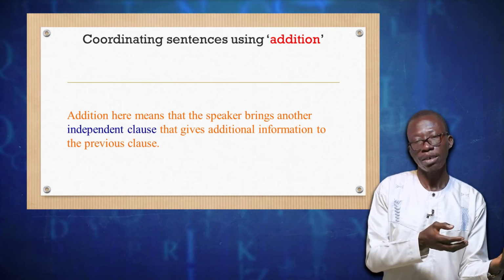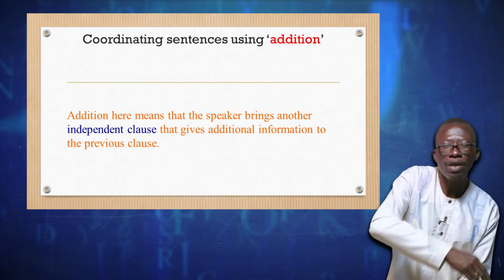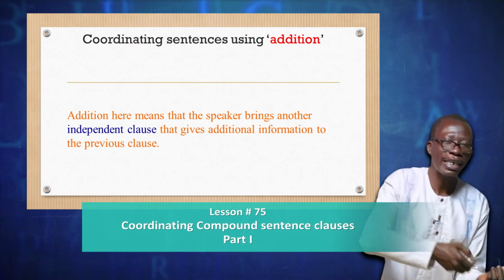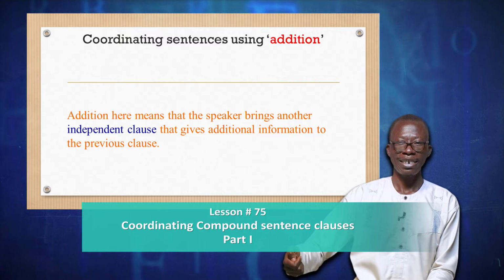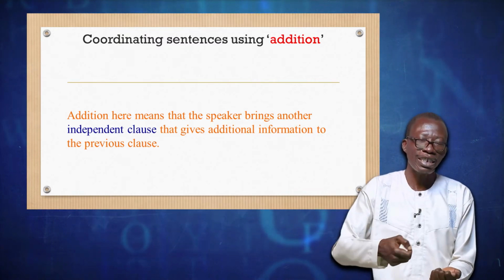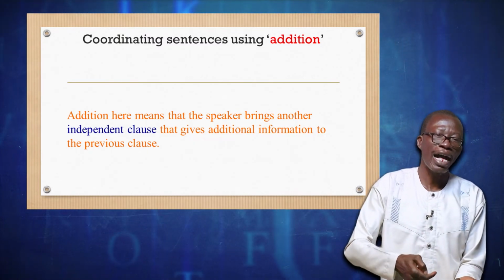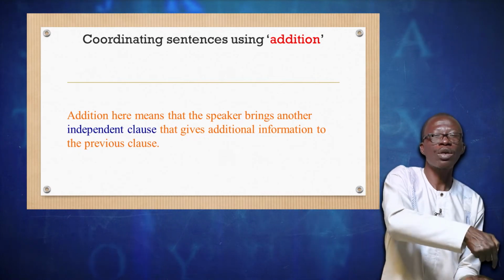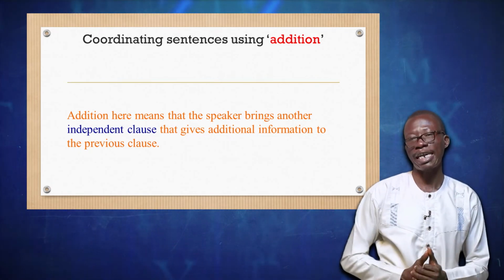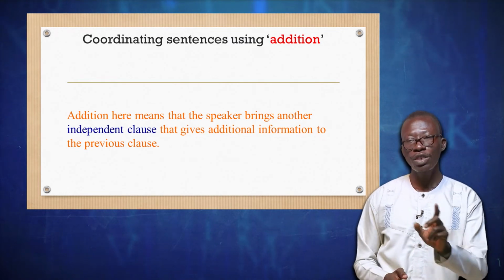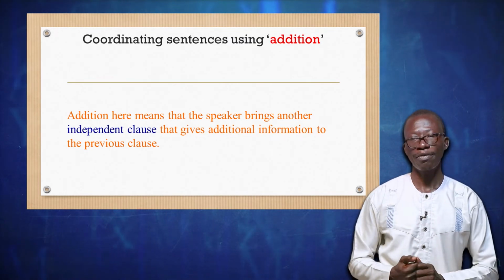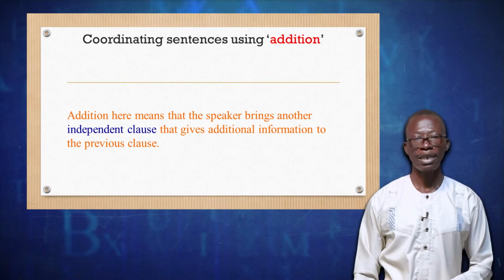You've said something, but you have more information. You are expanding that information further. And that expansion is like adding something that is very important to what has already been said. So when you do that and you use any of those coordinators above, you are doing what is known as addition.